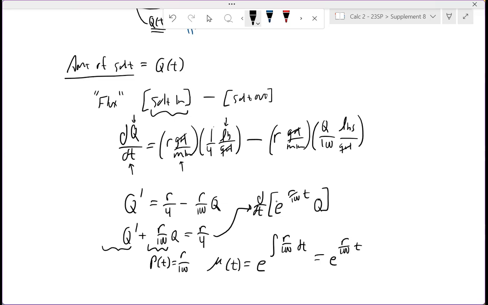And I differentiate the first to get R over 100 e to the R over 100t times q. This is equal to R over 4 e to the R over 100t. So don't forget to multiply by it on the right-hand side as well.